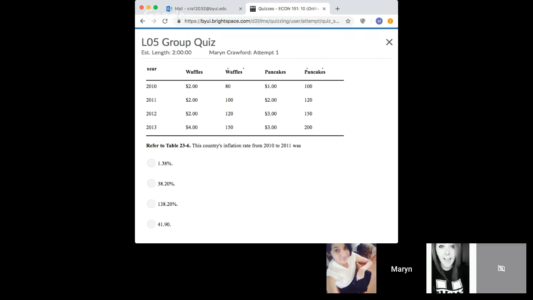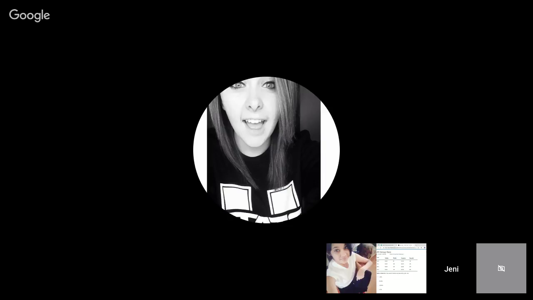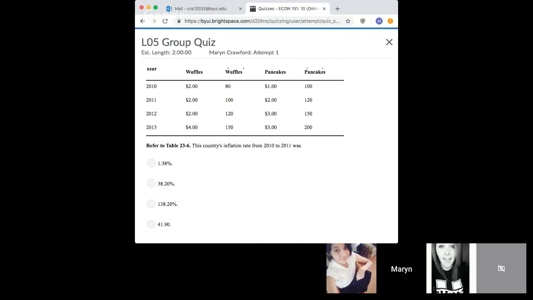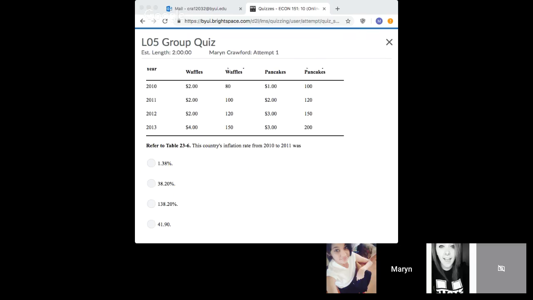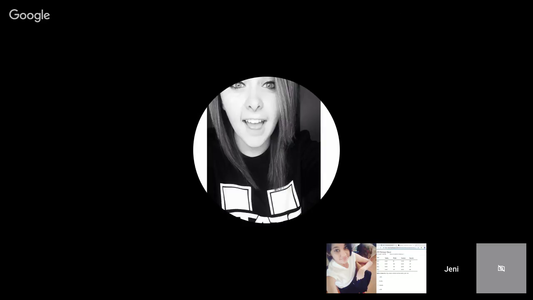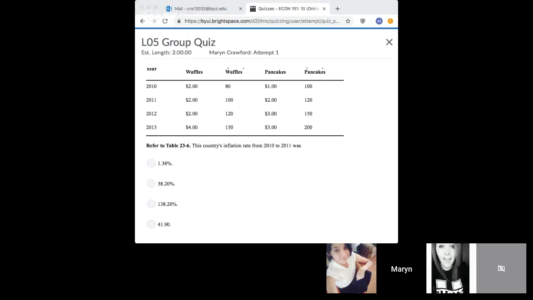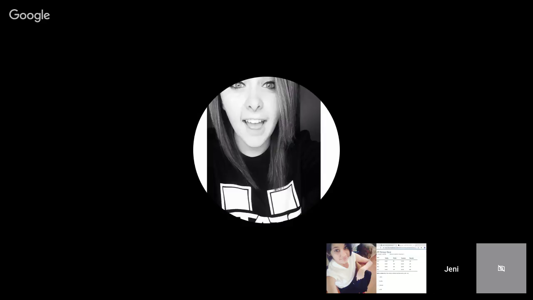Yeah. So nominal for 2010 would be 260, divided by real, which was 260, because it's the same. Right. And then you said multiplied by 100? Wait, what did you say? Deflator was nominal divided by real, times 100.